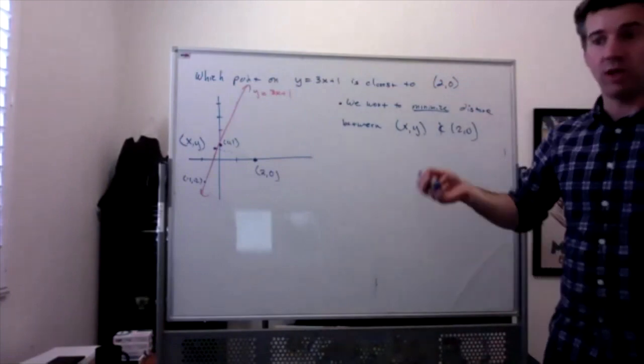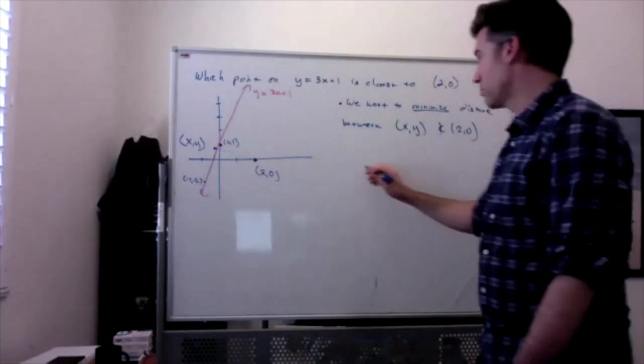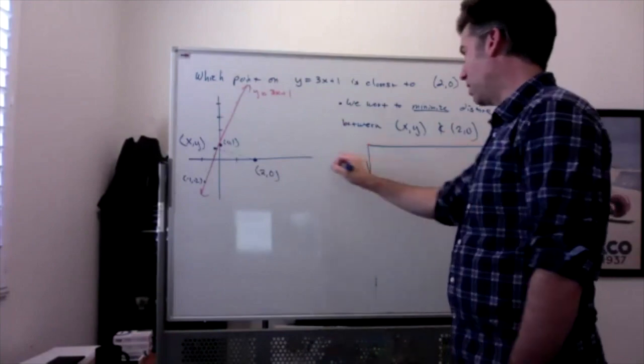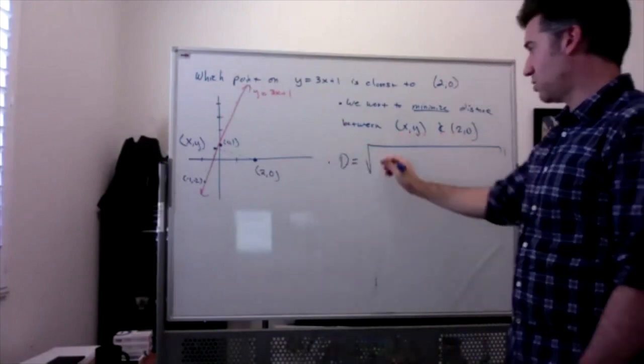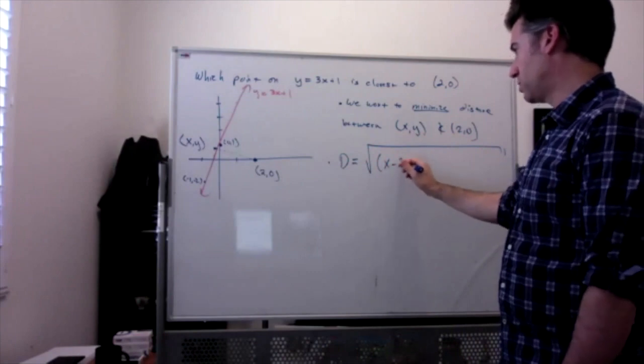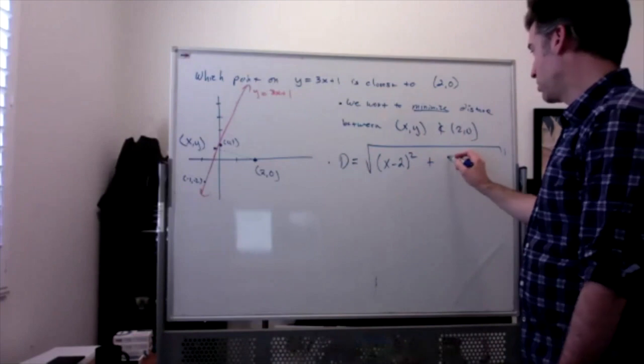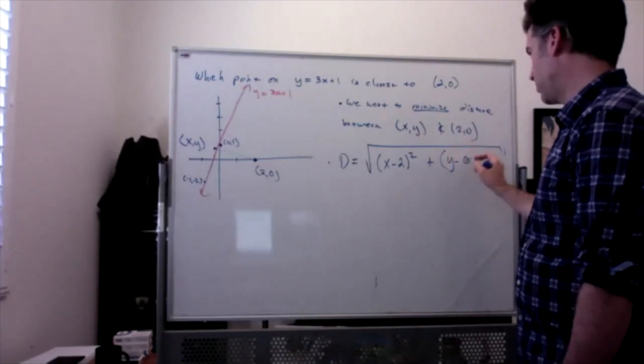Well, we talked about the distance equation. The distance is the square root of the difference in the x's squared, so x minus 2 squared, plus the difference in the y's squared, which is y minus 0 squared.